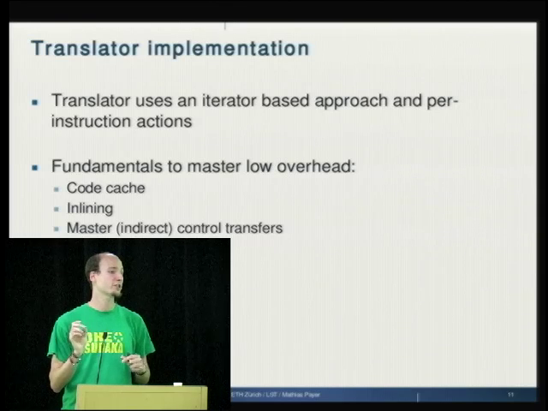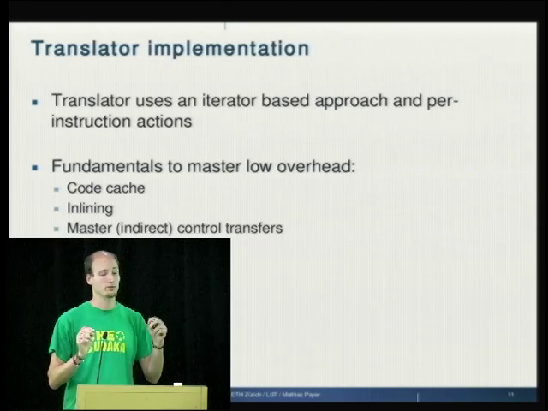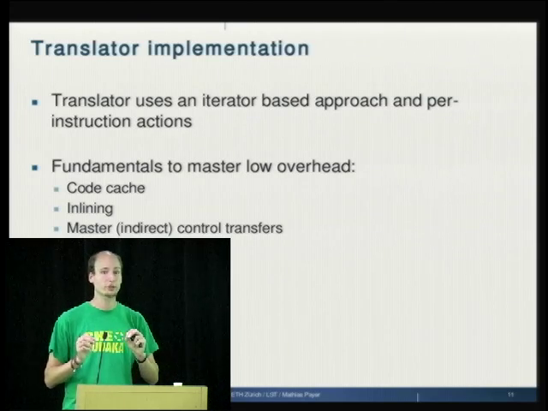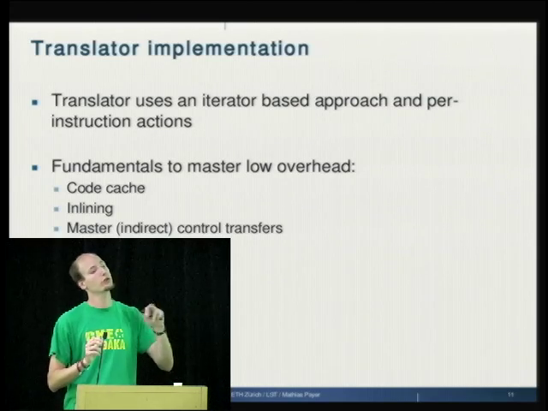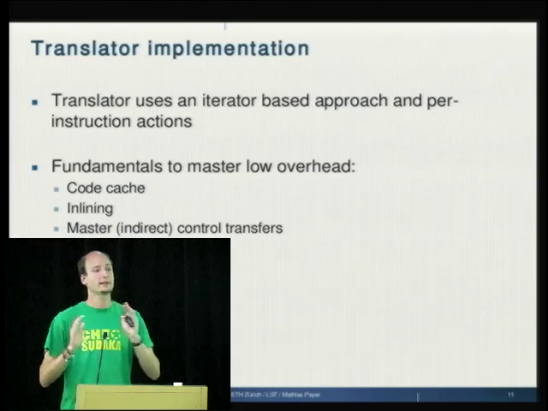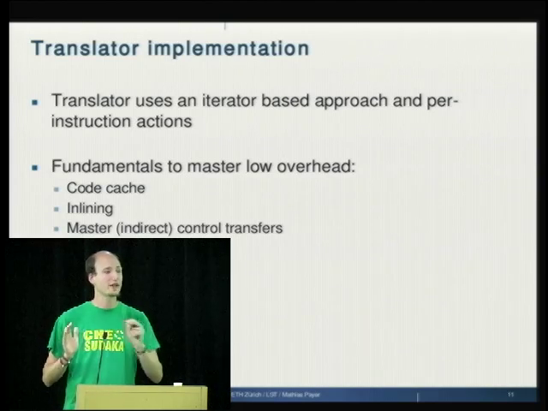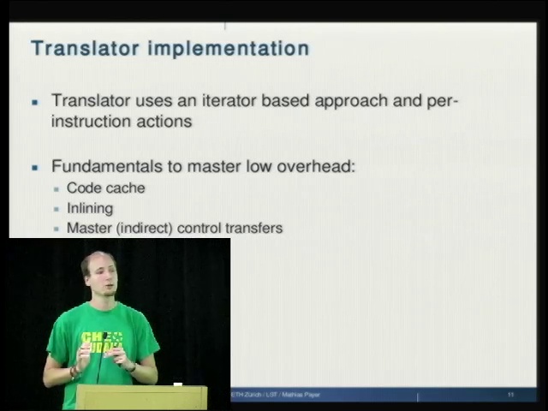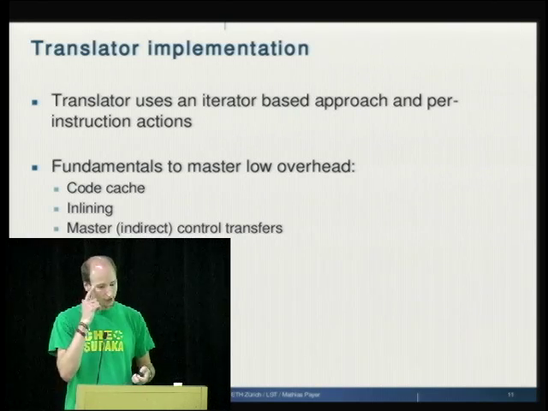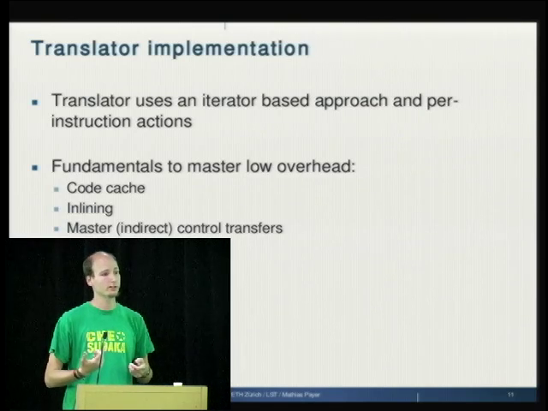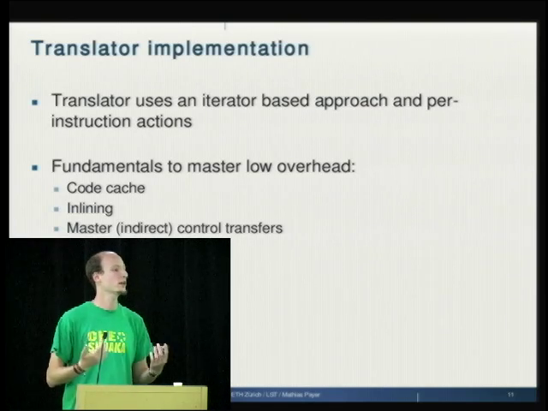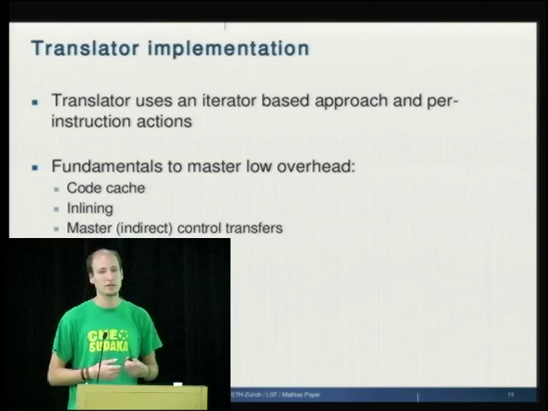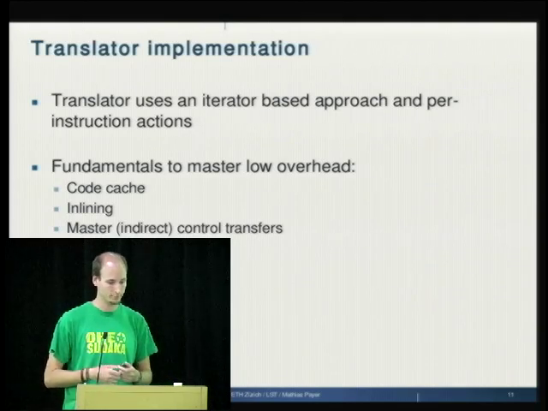Whenever we have an indirect control flow transfer, for example, an indirect jump, an indirect call, or a function return, we have to go through the mapping table, do a lookup, and then transfer the control to the translated location in the code cache. This is a lot of overhead, but we cannot change the jump locations in the code cache, because otherwise we would reveal the code cache and the translated code, and we don't want to do that.